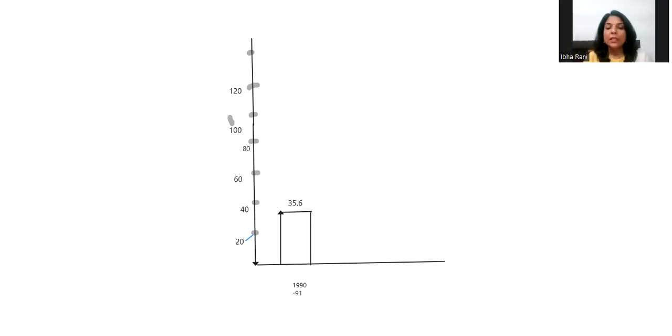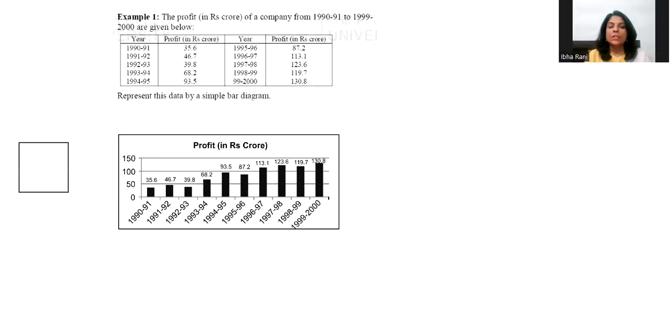Whatever the data is, like here, the profit of the company in millions, all the volumes, numbers, number of students will come on the y-axis. The question is, in the year 1991, the profit of the company in crores is 35.6 crores, and the next year is 46.7.